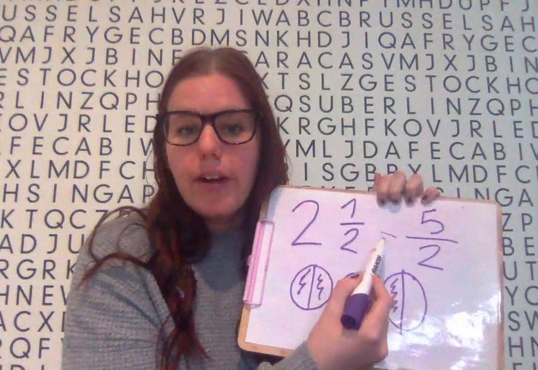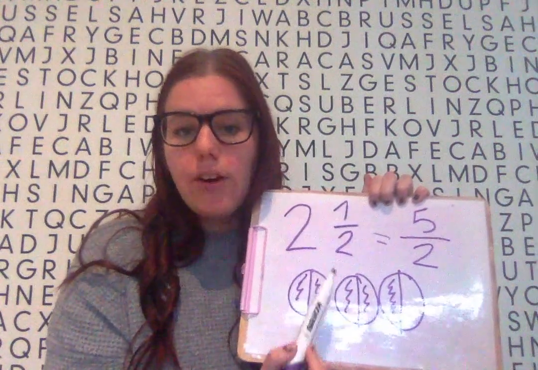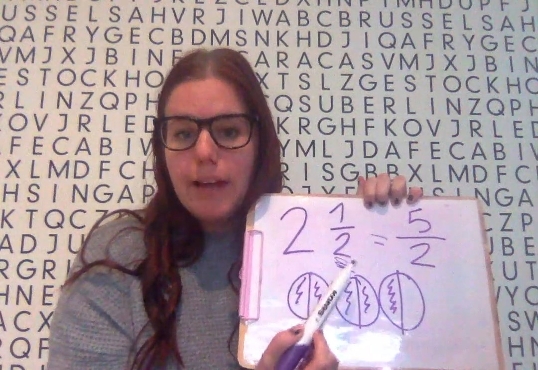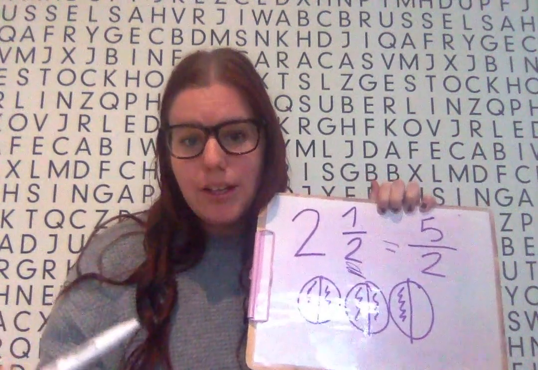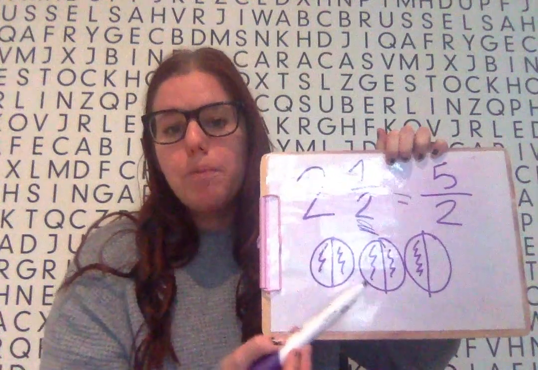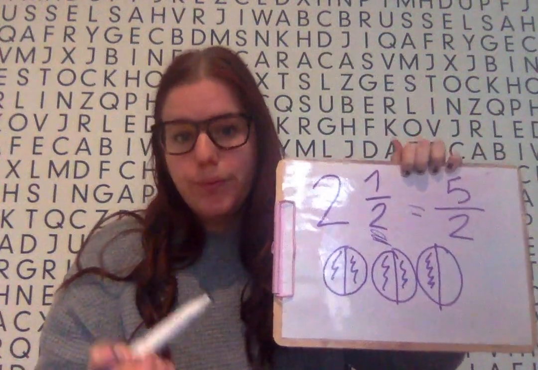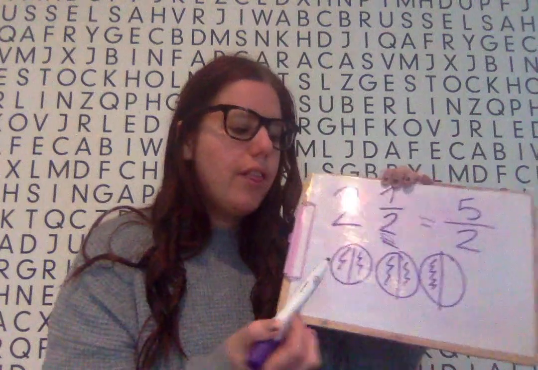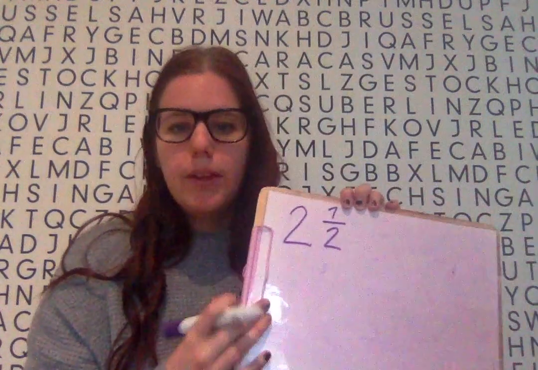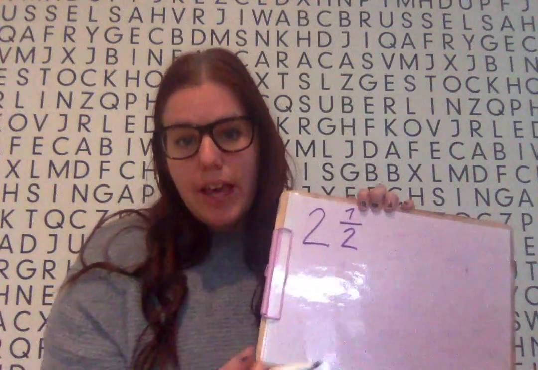When we're converting, our denominator is always going to stay the same, because all the denominator is telling us is how we're breaking our wholes up. That is one way we can look at it. We can also break it up into halves and add them together.